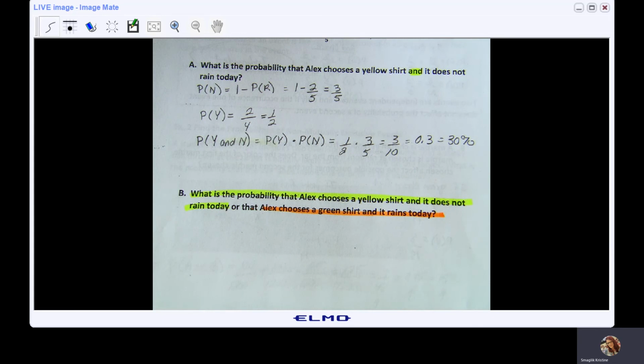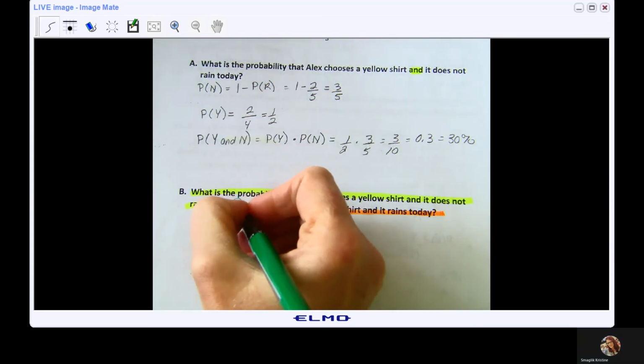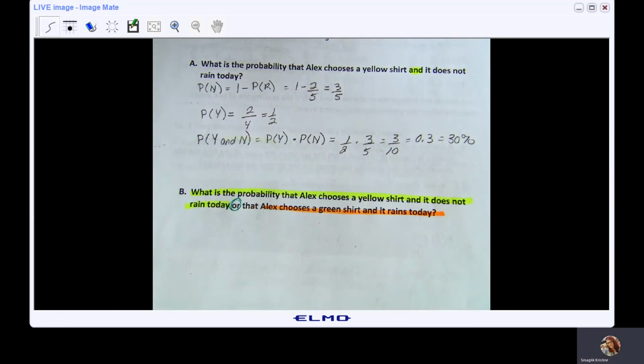Also, let's pay close attention to that word or between those 2 statements. So this is going to be mutually exclusive. There's no outcomes that are in both events.